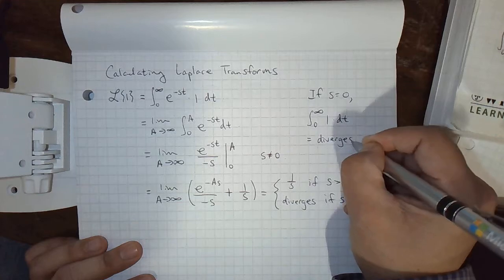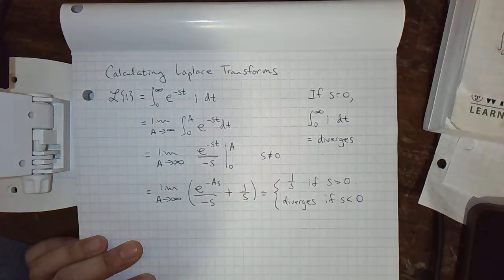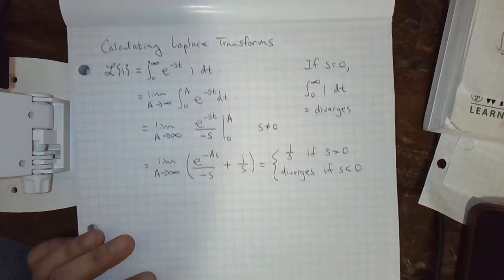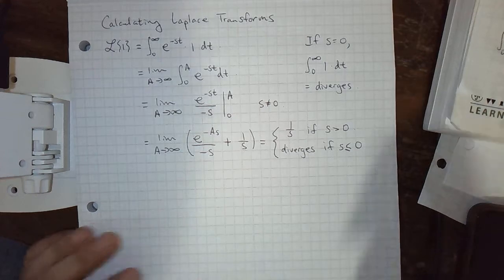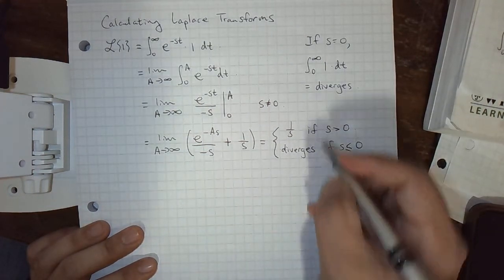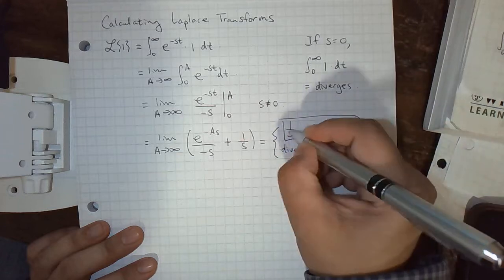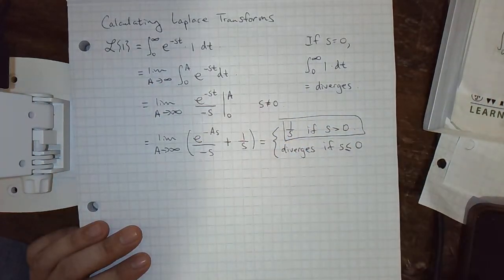You can either calculate it or think of it as the area under the curve of the function 1 from 0 to infinity. That's not going to be a finite number. So actually it diverges if s is less than or equal to 0. This is what we saw in the table: the Laplace transform of 1 was 1 over s if s is greater than 0.